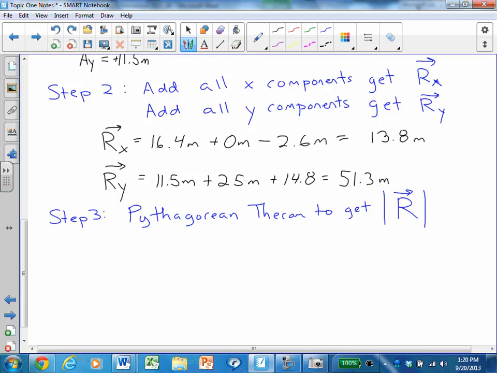So the formula looks like this. It's just the Pythagorean theorem. It's written on your card, but the sigma just means sum.